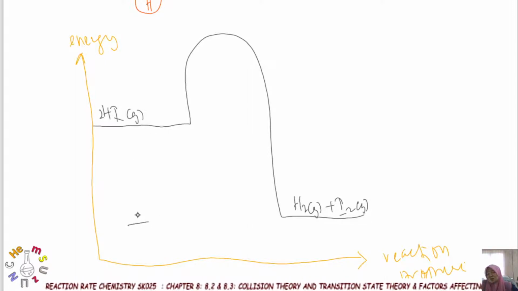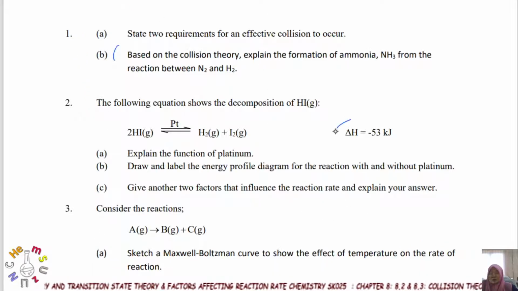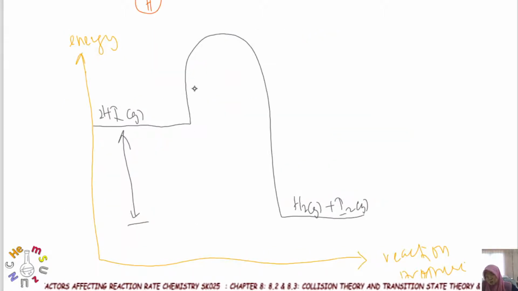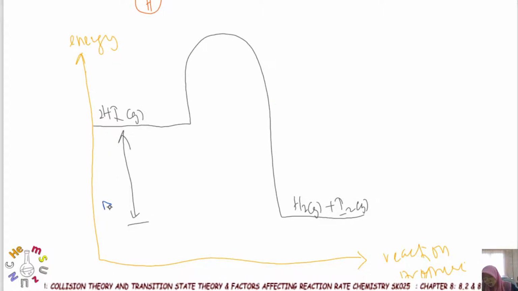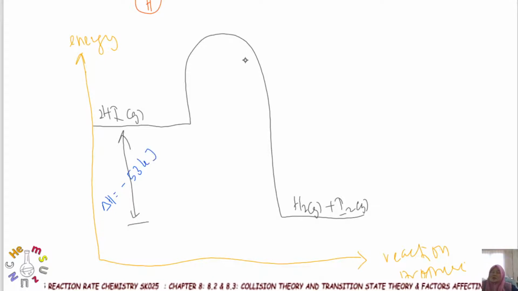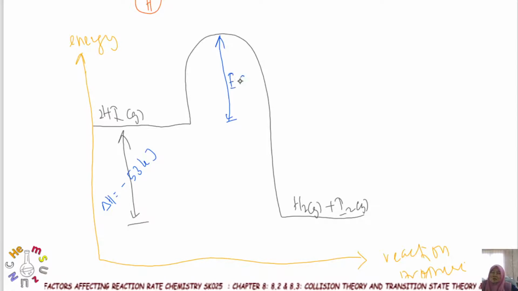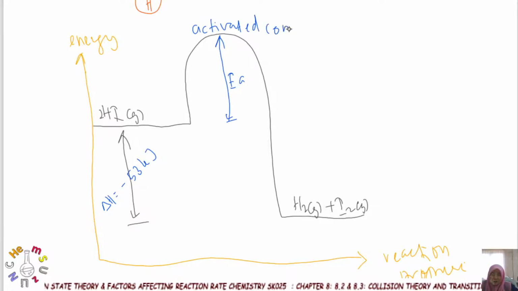Here is delta H. Inside the question we have delta H is equal to negative 53, so we should label here delta H is equal to negative 53 kilojoule. Where is the EA? Here is the EA. But at the top there is maximum energy, we call it the activated complex.